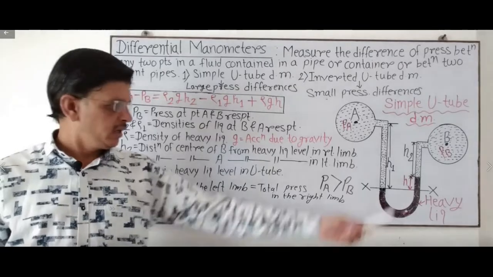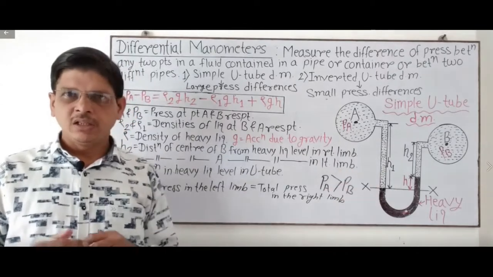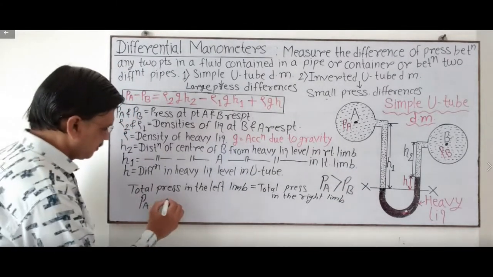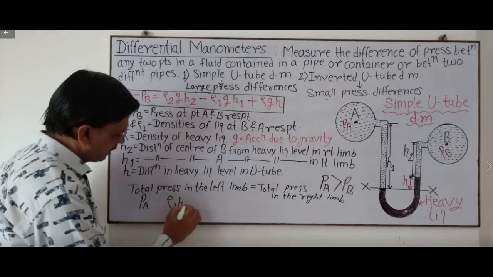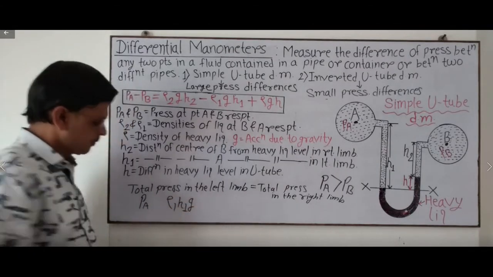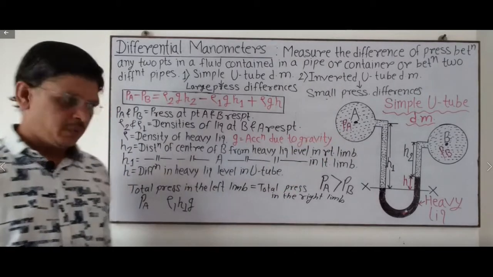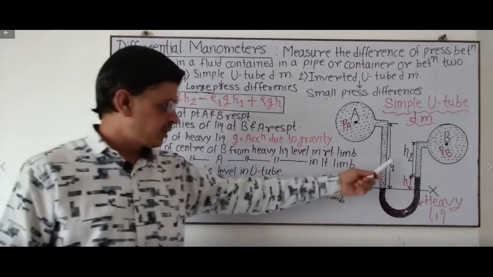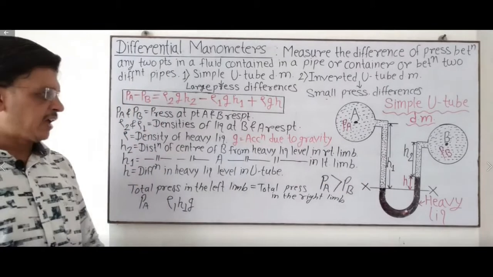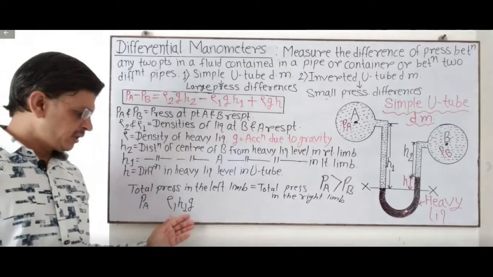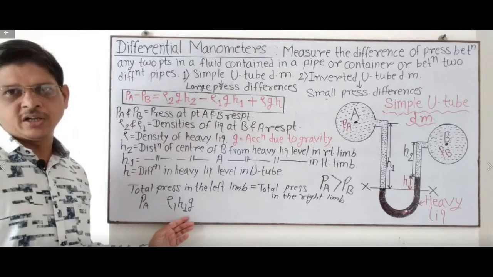So, considering H1, the pressure in the left limb can be written as ρ1H1G. ρ1 is the density of the liquid at A, H1 is this height, and G is acceleration due to gravity. This is given according to hydrostatic law.